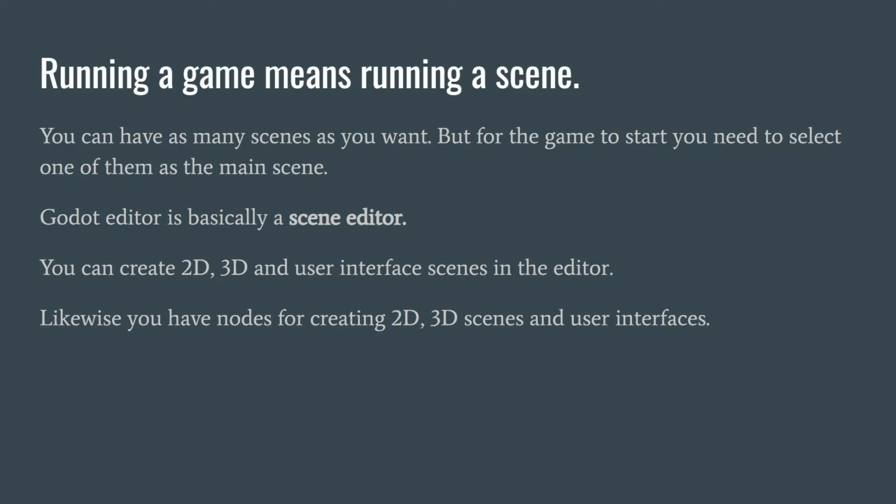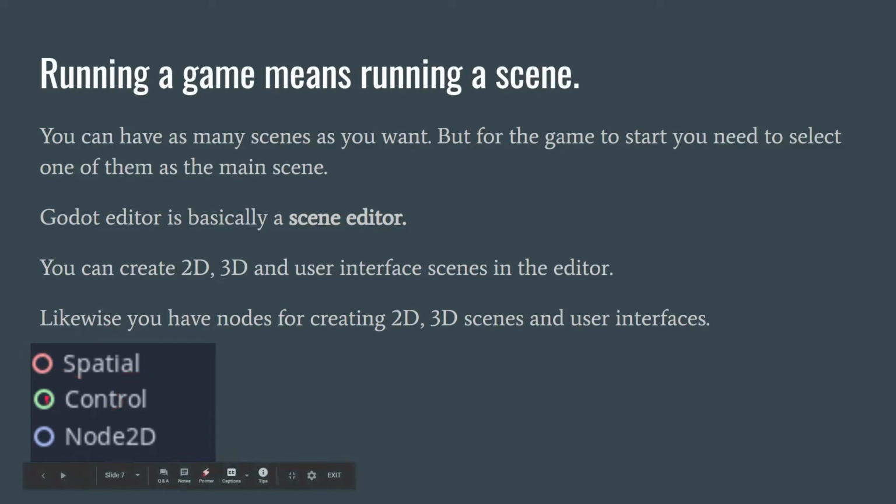Just like we have 2D, 3D, and user interface scenes, we have specific nodes for creating 2D, 3D, and user interfaces. So we have the spatial node as the most basic 3D node that you can have. We have the control node, which is the most basic user interface node that you can have. And we have the node 2D, which is the most basic 2D node that you can have.